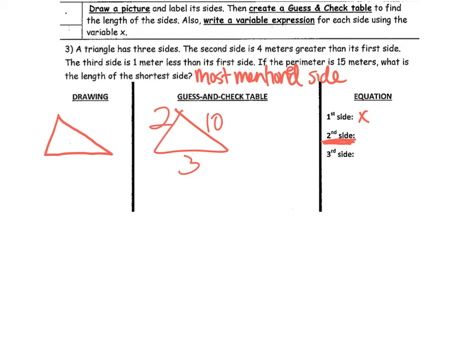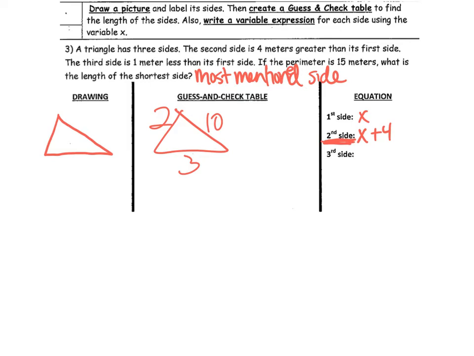How do I write that it's 4 bigger than the first? It's 4 greater than the first. The first side is x. So the second side, please put x plus 4.